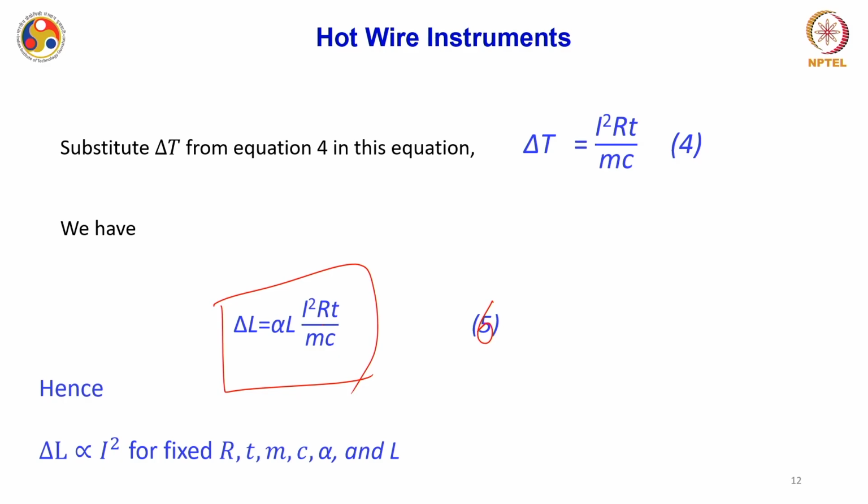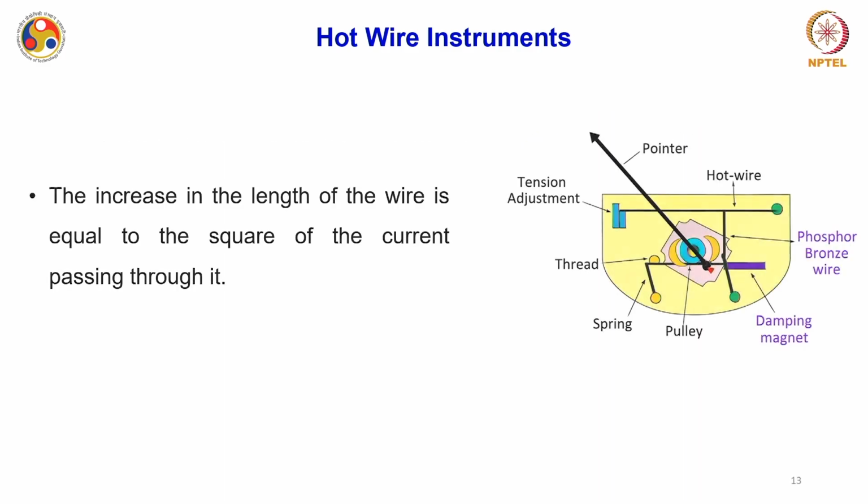Now if you see this equation 6, delta L can again be written as a value which is proportional to I square, okay? Of course, I am considering this alpha is constant, and R, T, M, C and L are fixed values, okay. So delta L is directly proportional to I square, or the change in length is directly proportional to the square of the current flowing through this wire, okay.